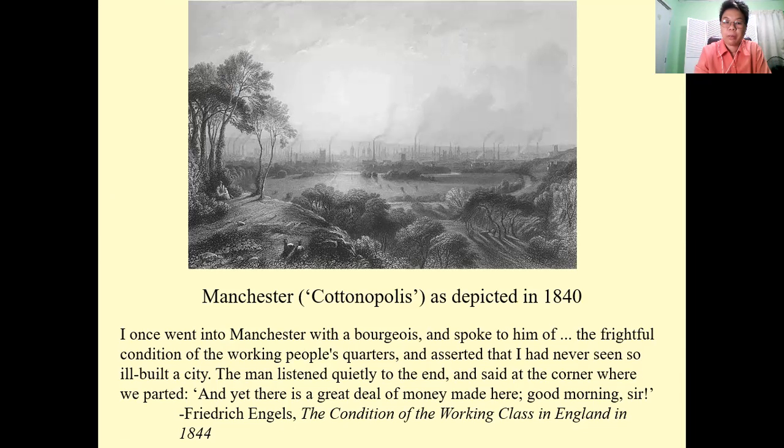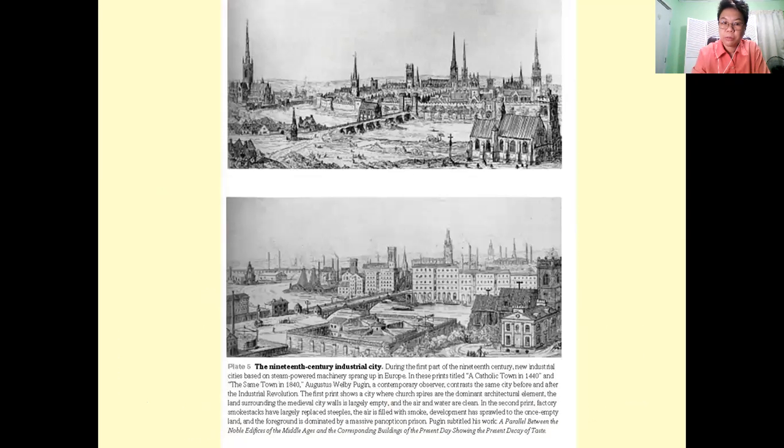He went to Manchester with a bourgeois companion and described the condition of the people's quarters because of the massive growth. There were still unplanned stages of development in these areas, but as time went on, they became industrialized cities.